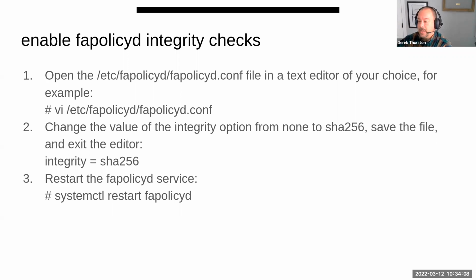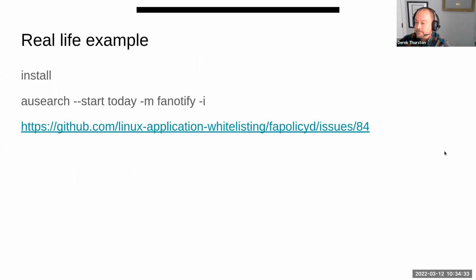In this case, the example is a SHA-256 hash on the file, and you restart the service and it loads that in, and now those files will be matched on their hashes to either be allowed or denied.